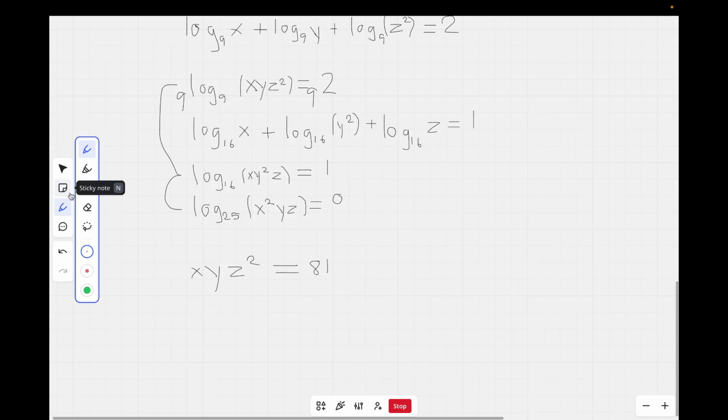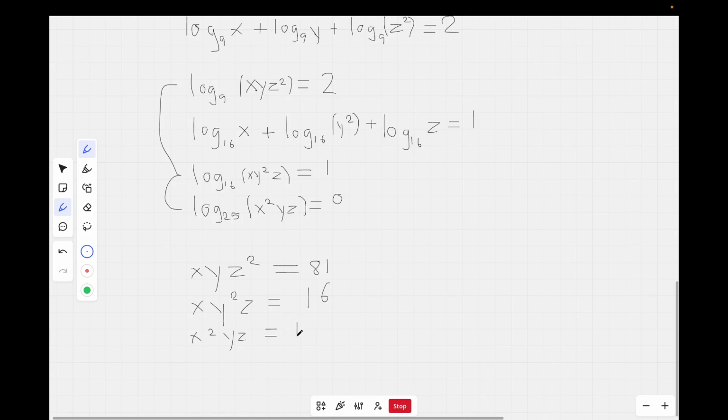Now, let's erase what we wrote earlier so that there's no confusion. But basically, you just do that with the other two equations. So you get xy squared z is 16 to the power of 1. So that's 16. And x squared yz is equal to 25 to the power of 0.